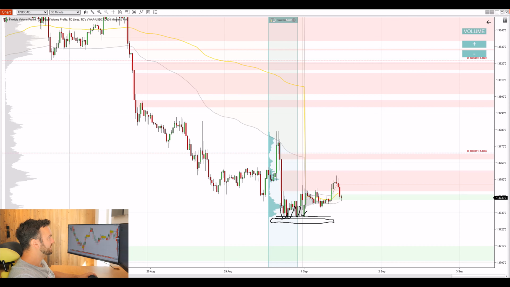So the ideal scenario would be price hitting that level and then going for this weak low, right? That would be the ideal scenario. So let's see how it plays out, right?